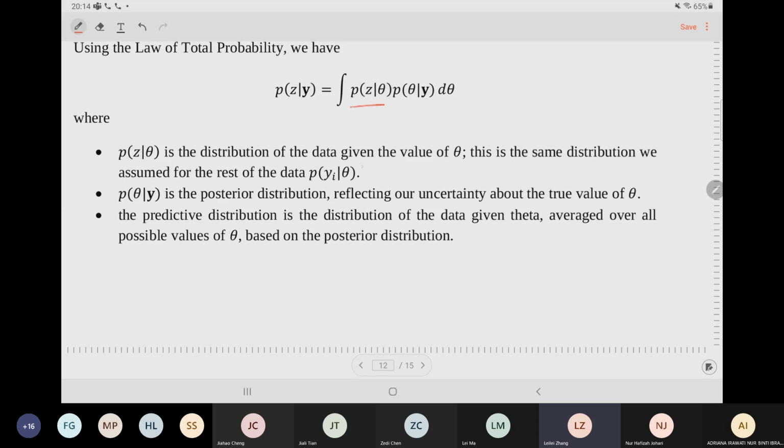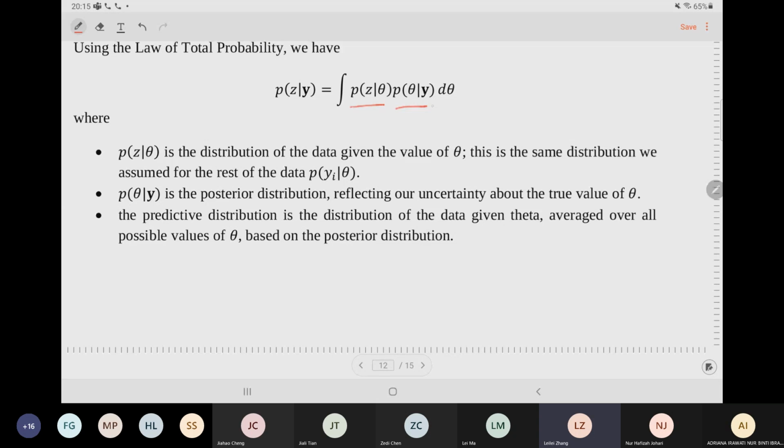So we assume they are from the same distribution as yi. This is your future observation given your parameter, and this is your posterior, which you already obtained using the data that we have collected.